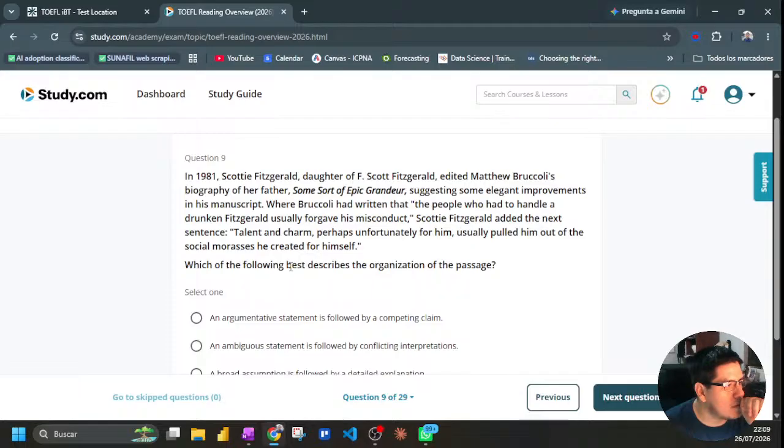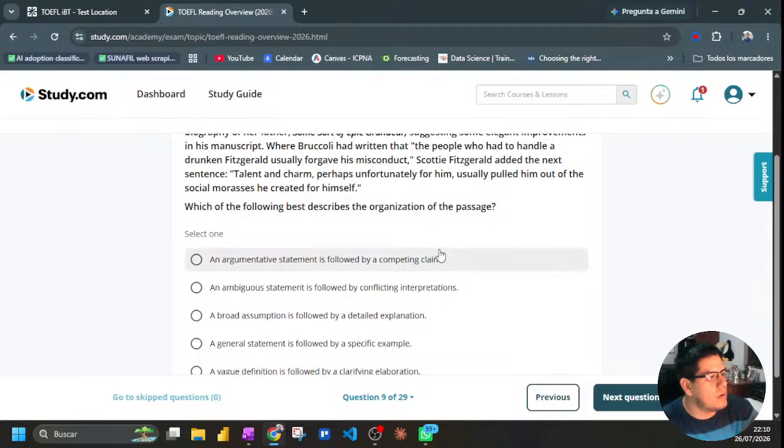Which of the following best describes the organization of the passage?